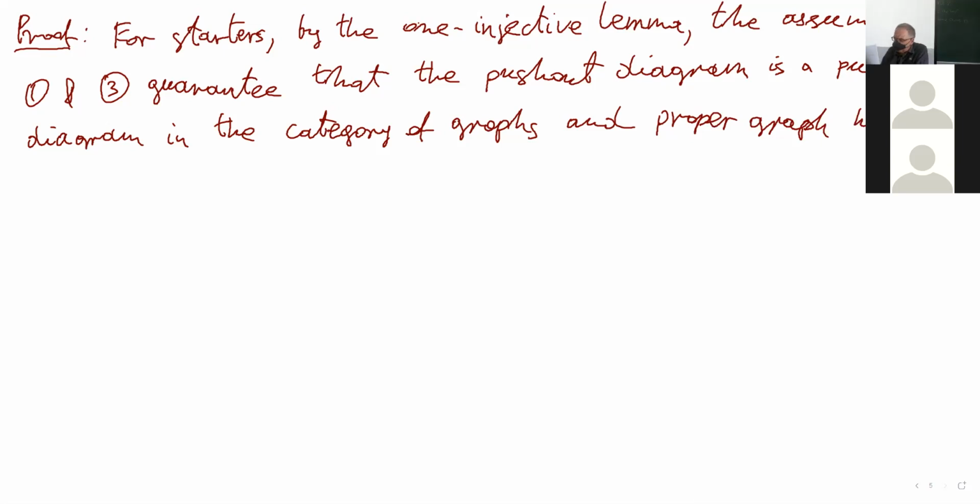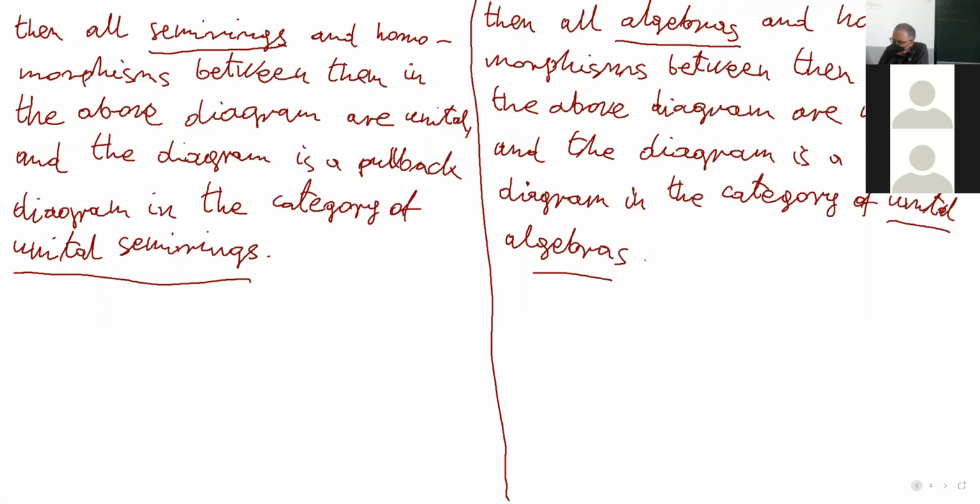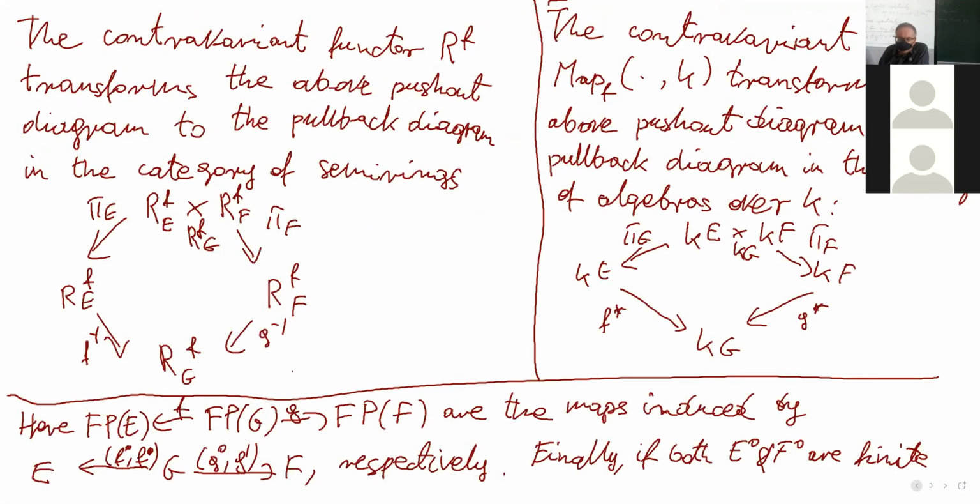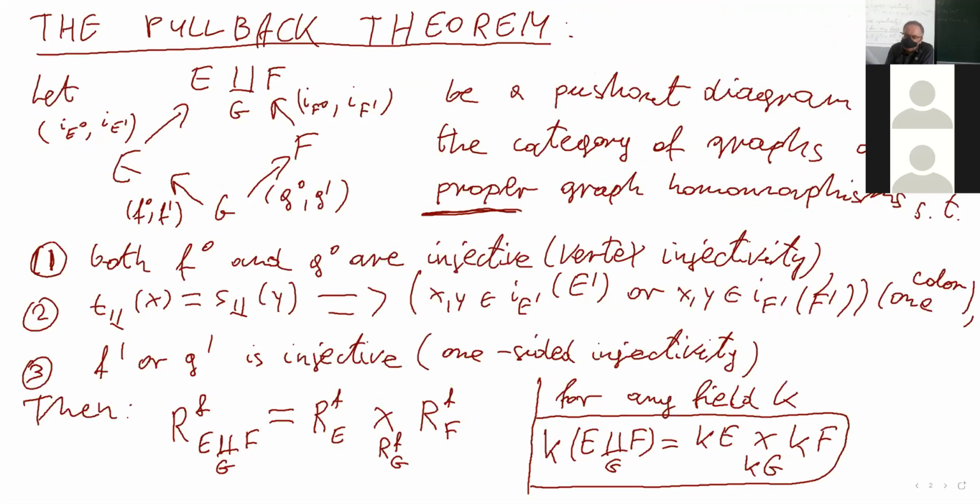All right, so in other words, we are not assuming that these iota maps are finite to one. This is a consequence. Of course, we could maybe just get rid of this injectivity and then just assume that this is a push-out diagram in a given category.